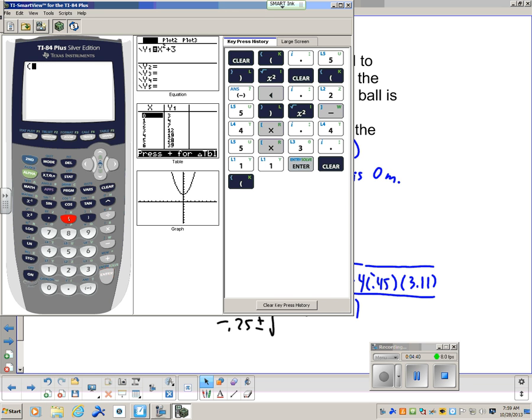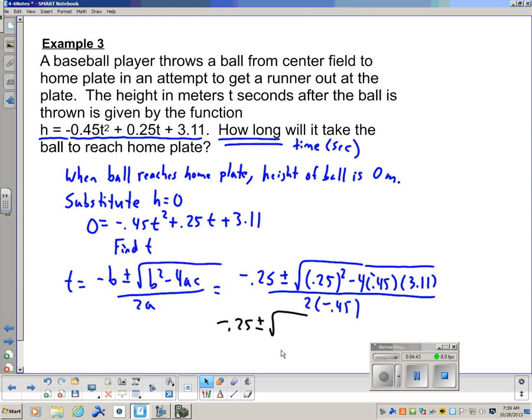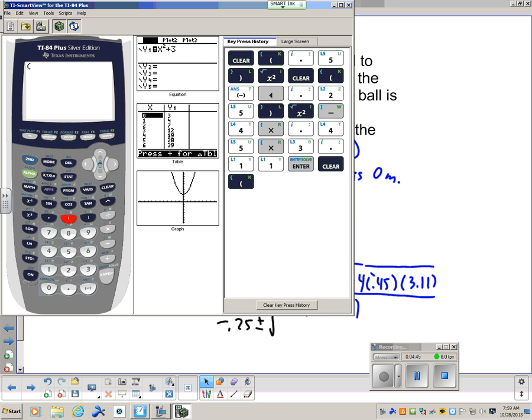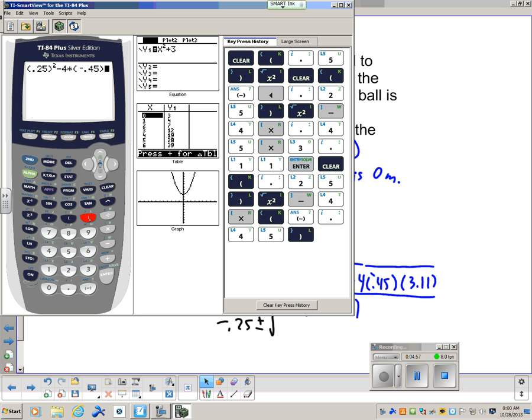So we got 0.25 squared minus 4 times negative 0.45 times 3.11 equals, there we go, 5.6605.